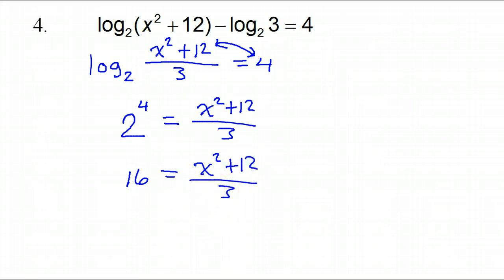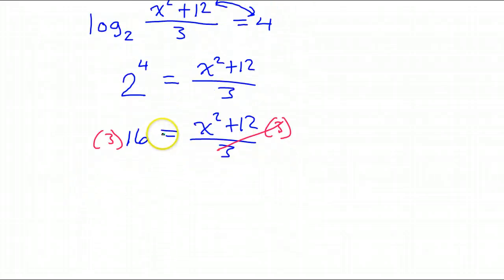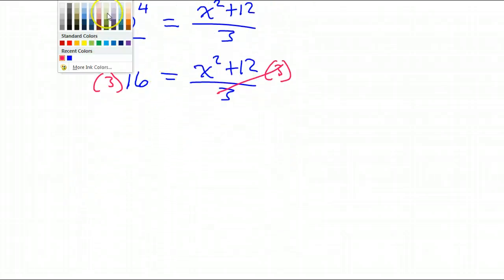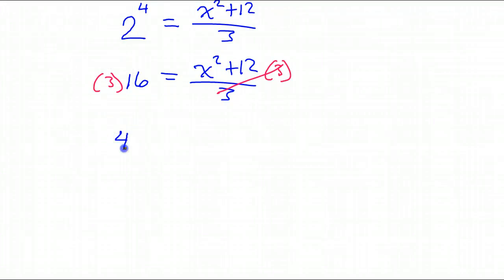Time to multiply by the denominator. Alright, so those go away. 3 times 16 is 48. Alright, so I've got 48 is equal to x squared plus 12.